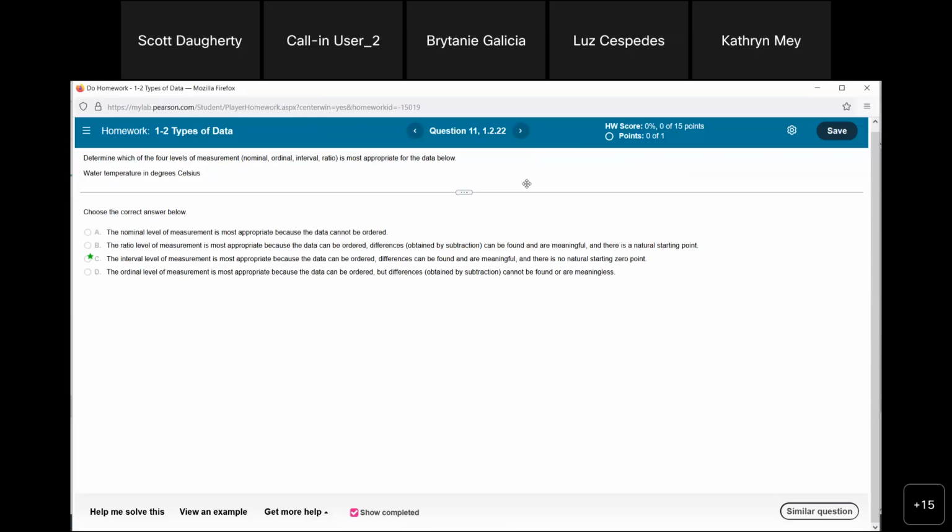The 10 degrees means the 50 is a little bit warmer than the 40. The differences between how warm this water is versus how warm this other water is have meaning in this case, and that's why this reaches the level of interval measurement.